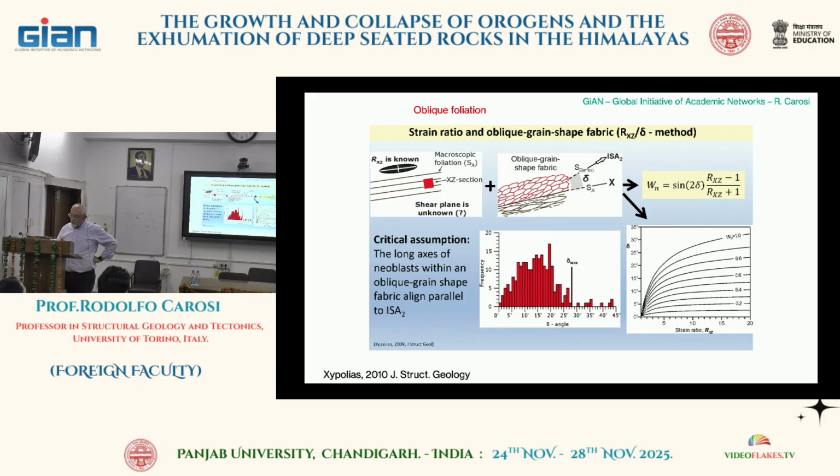You can use this oblique grain shape fabric because when you have an oblique foliation, the grains of quartz start to grow parallel to the instantaneous stretching axis, the extensional instantaneous stretching axis, then rotate into parallelism to the shear boundary, and then restart to recrystallize.